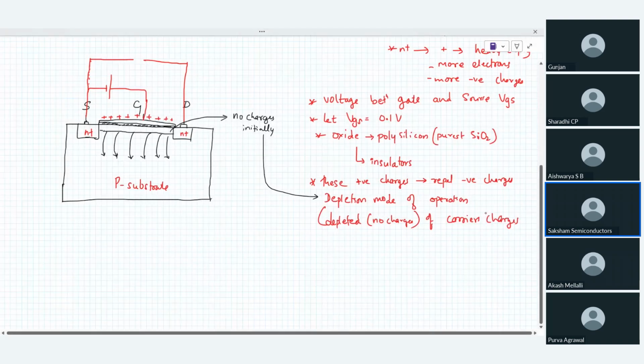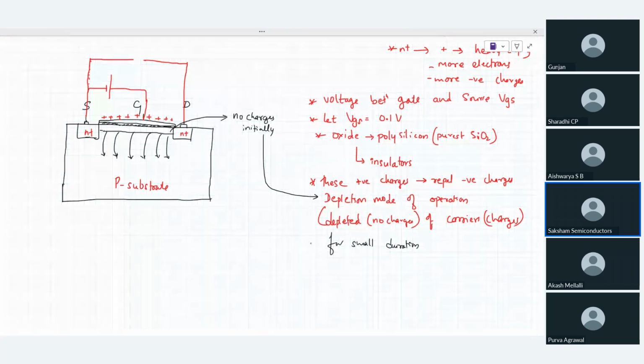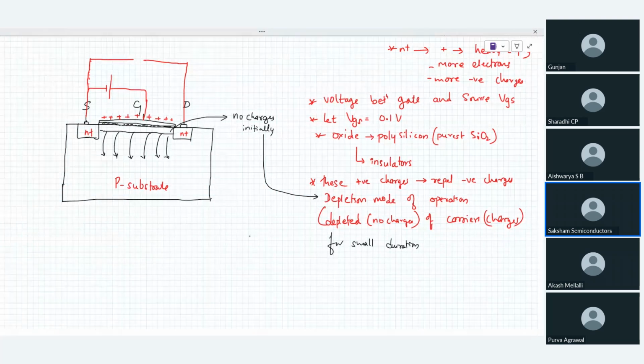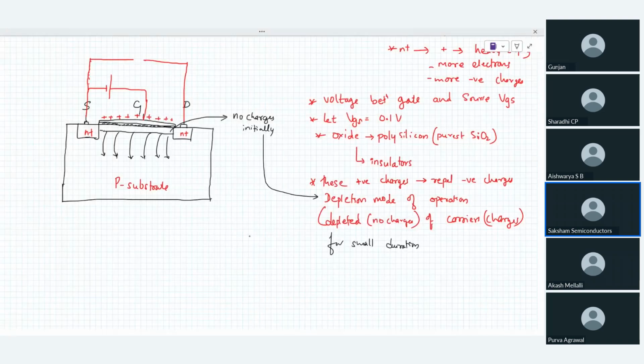One and the same. So this is going to happen for a very, very small duration of time. You'll not get time to even visualize that. It so happens that when you apply a positive voltage, it will repel these positive charges towards this body.